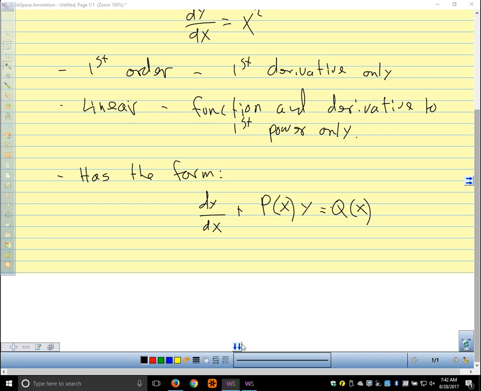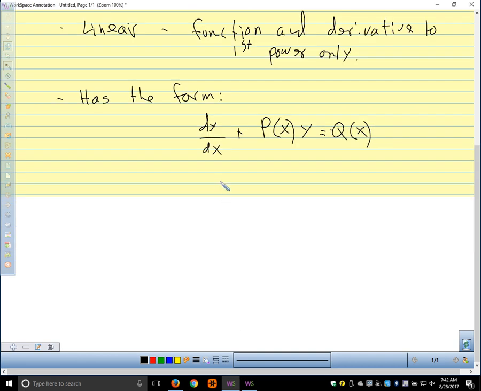Or often you will see differential equations written this way: y prime plus p of x y equals q of x. We use the prime notation instead of dy dx, but these two are equivalent. And p and q are just continuous functions of x. We call this standard form.